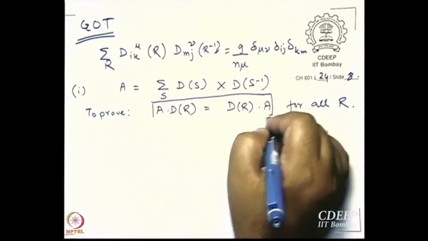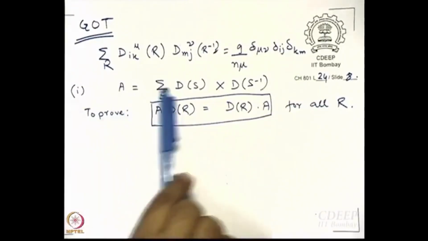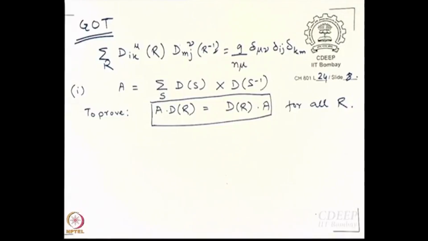Understand what I am doing? I am going to write this matrix, sum over S of d_S times d_S inverse, and I am going to prove that this matrix commutes with all the transformation matrices that are there. Understand what I am saying? And how is that going to be helpful? If this commutation is there, how is it going to be helpful?